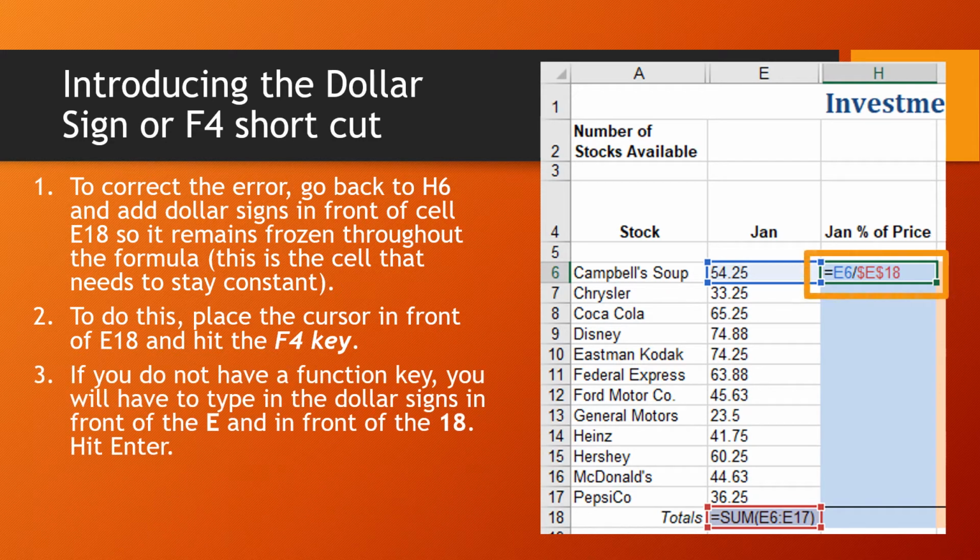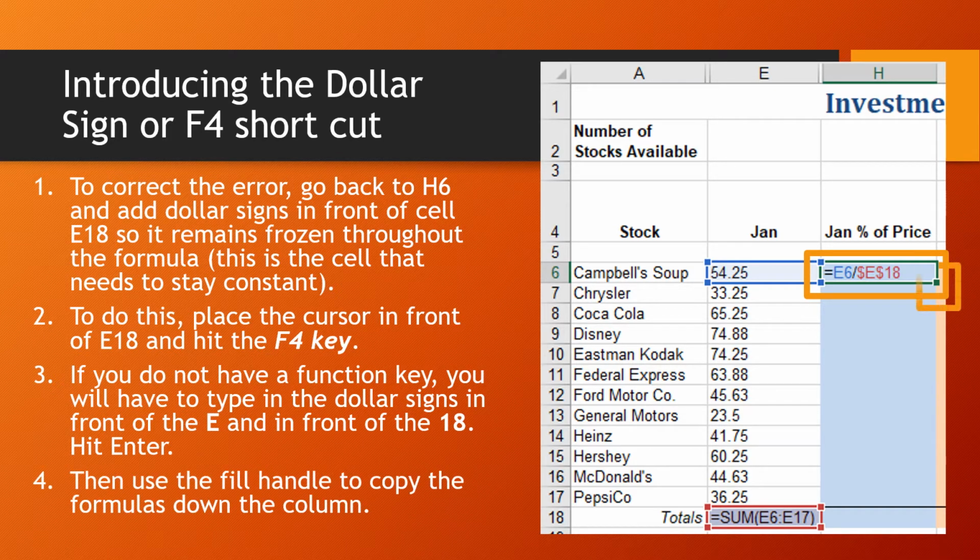If we do not have a function key, you will have to type in the dollar signs in front of the E and in front of the 18. Then we will hit enter. Now we can use the fill handle to copy the formulas down the column because we have told Excel about the exception.